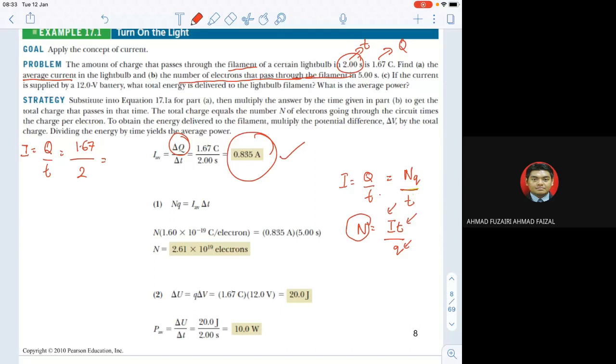Instead we should put q as 1.6 times 10 power of negative 19 coulomb per electron. Don't mind about electron, it's just coulomb, so we can replace q with it. So in the end, we have 2 times 2.61 times 10 power of 19 electrons. That will give you the number of electrons.